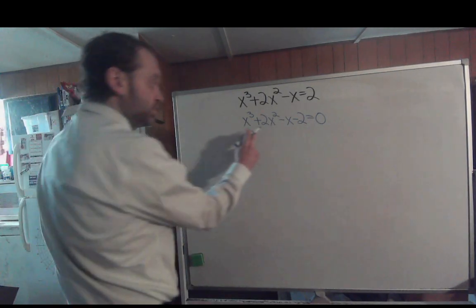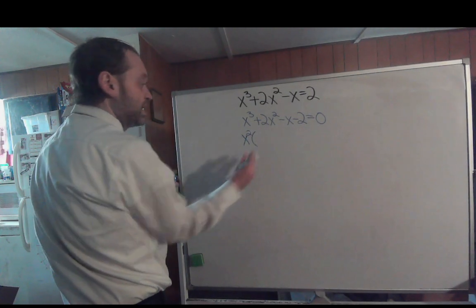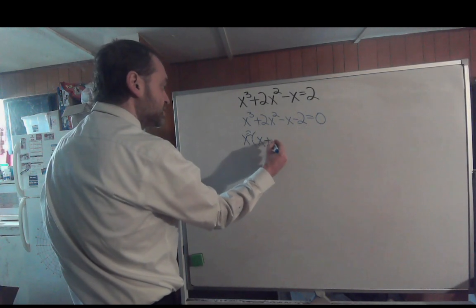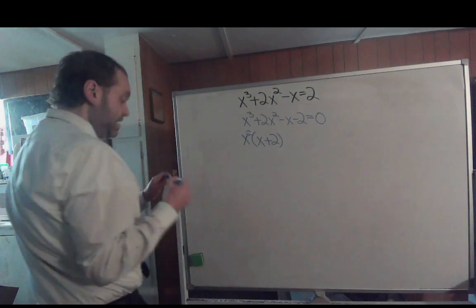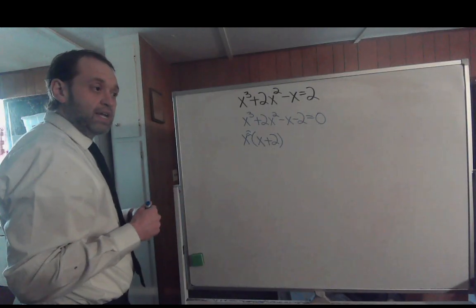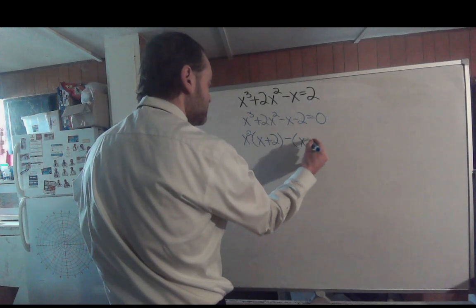So take your first two terms, you have a common x squared you can factor out. That would give you x squared times the quantity of x plus 2. Now, look at your negative x and negative 2. Can't you factor out a negative 1? So that would be negative of the quantity of x plus 2.